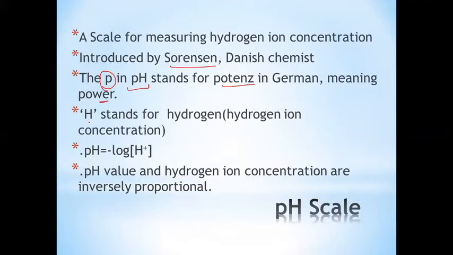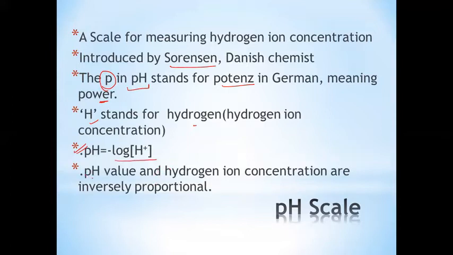And in pH, H stands for hydrogen and hydrogen ion concentration. Mathematically, pH is equal to negative logarithm of hydrogen ion concentration in solution.